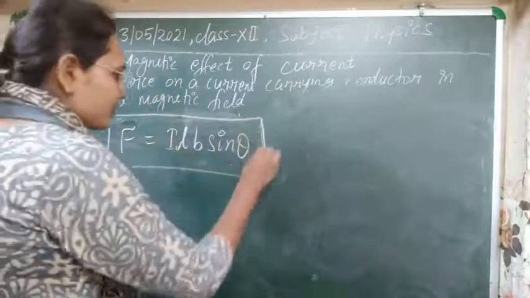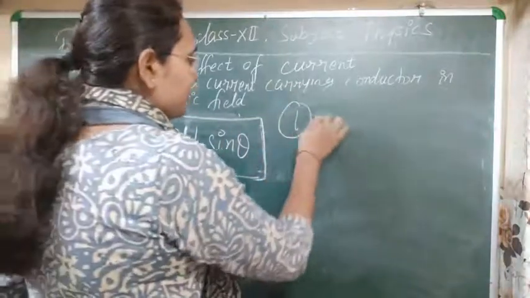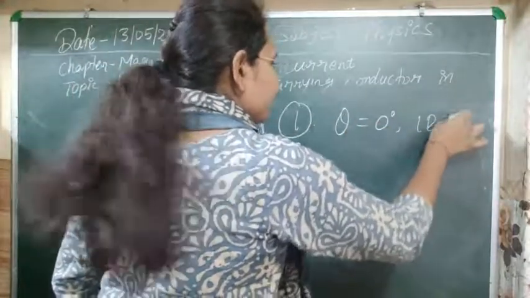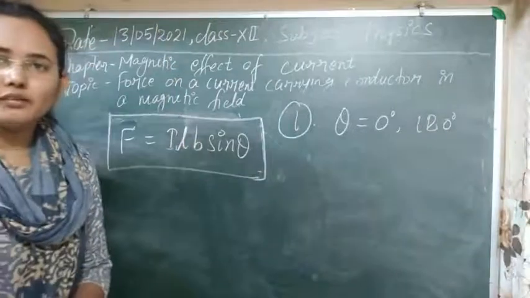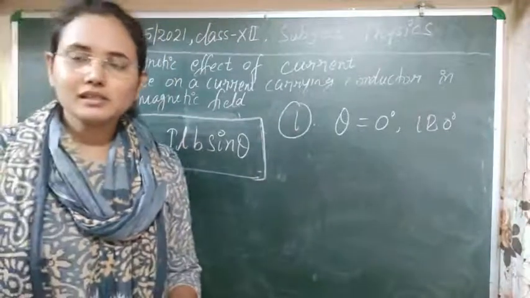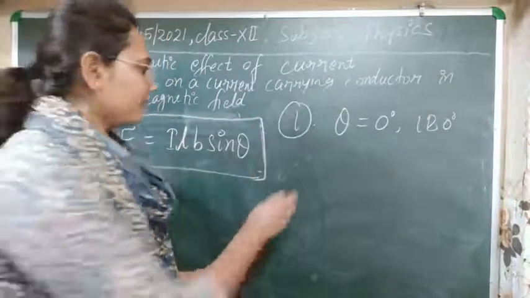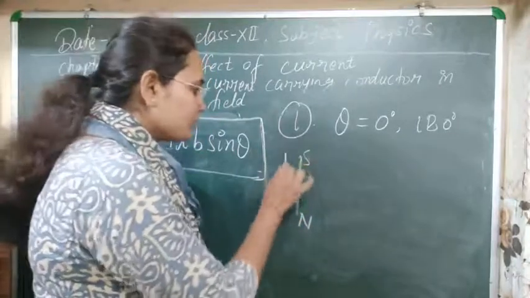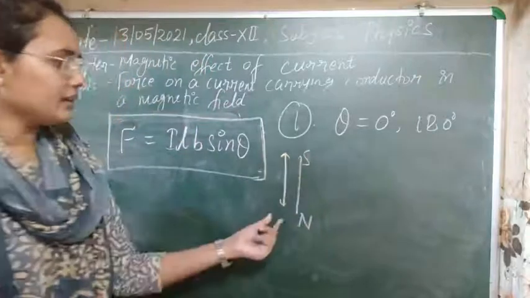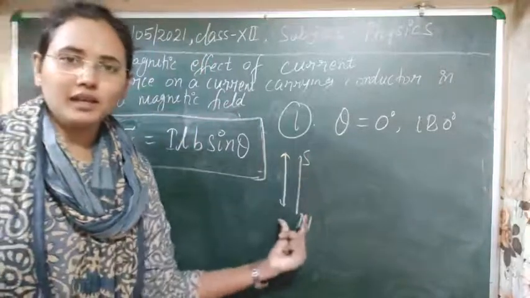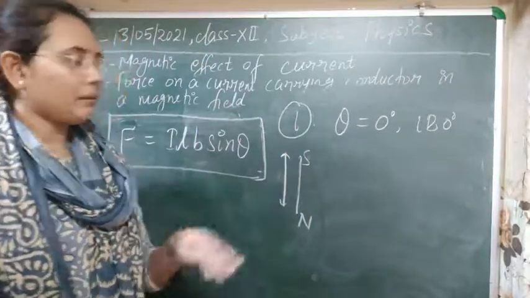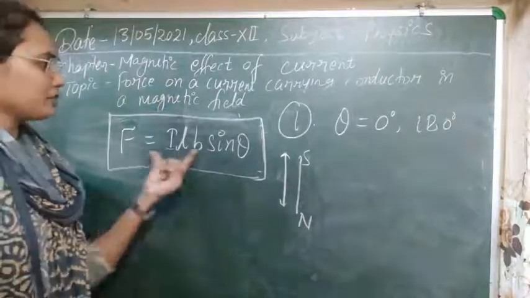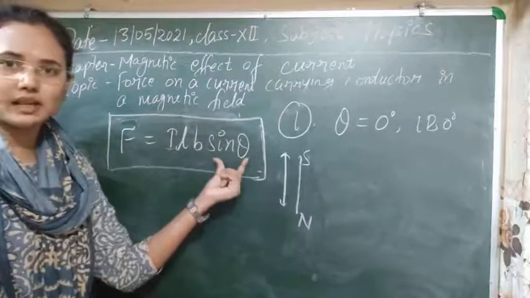So from this formula, first case, if you take theta equal to 0 or 180, meaning our current carrying conductor is along the magnetic field, parallel or anti-parallel to this field, then the force experienced by it, you can just calculate.